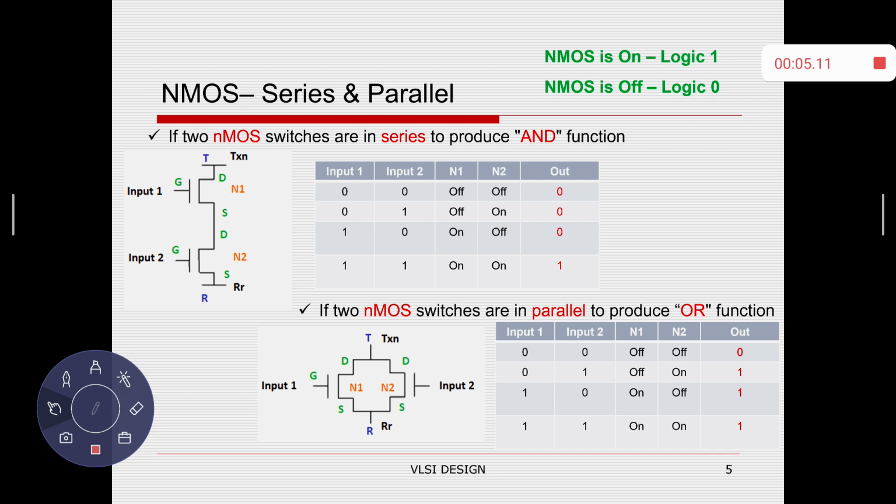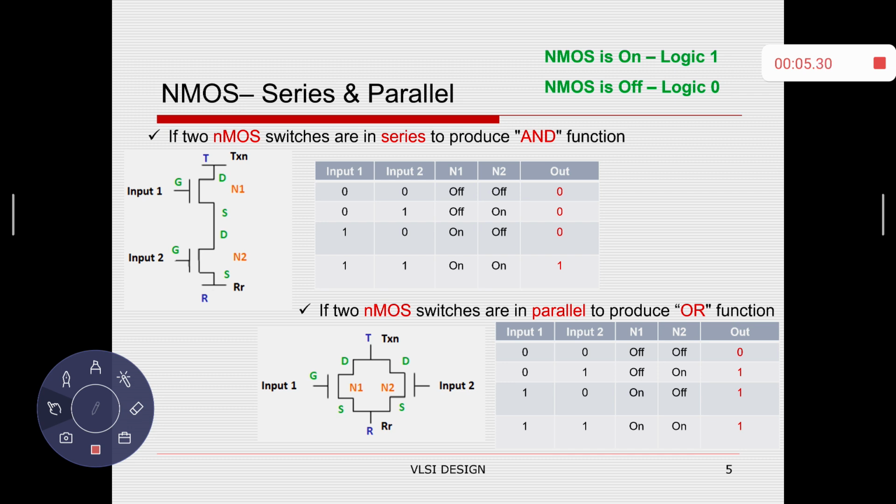Otherwise the output will be 0. According to that graphical representation, N1 and N2 are connected in series, so whatever information I connect at the transmitter end will reach the receiver end only when both N1 and N2 transistors form a closed connection. Otherwise the output will be 0.